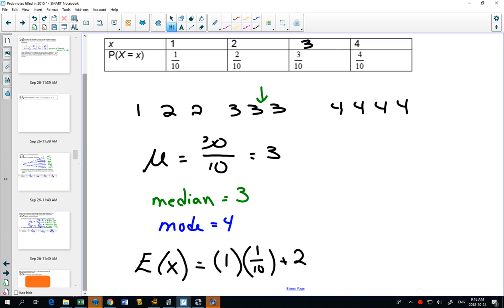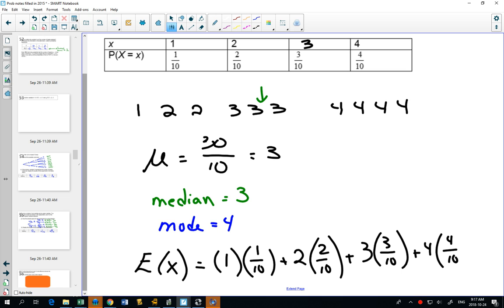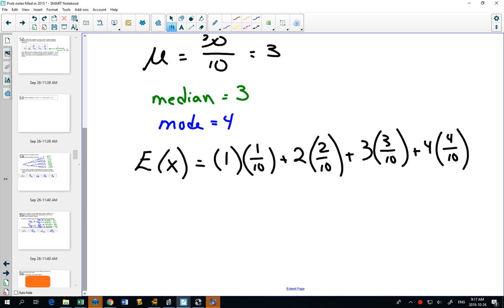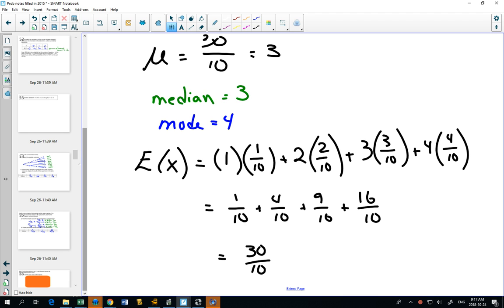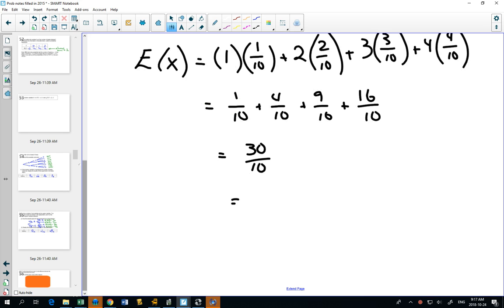What are your chances of that? 2 out of 10. Plus 3 times 3 out of 10, and 4 times 4 out of 10. This will give me 1 out of 10 plus 4 out of 10 plus 9 out of 10 plus 16 out of 10. And if I add these up correctly this time, I'll get 30 out of 10, which simplifies to 3.